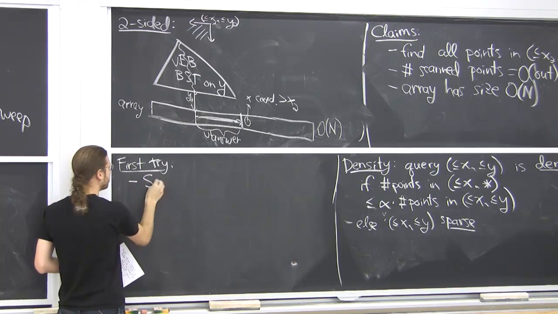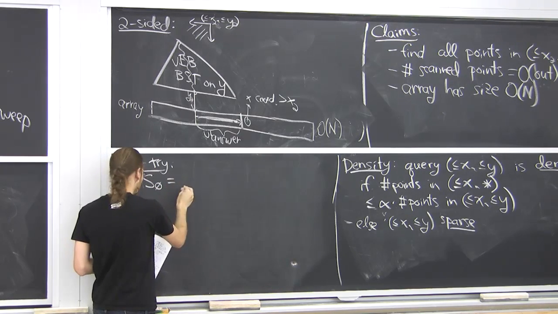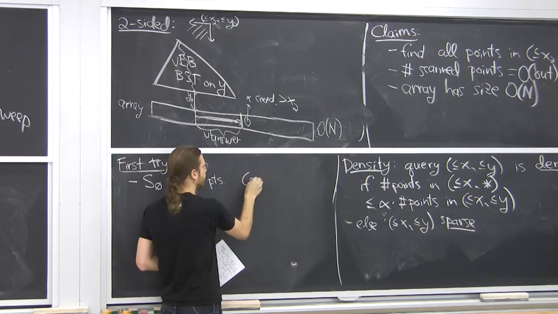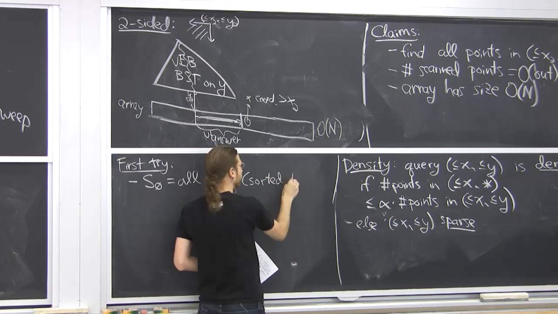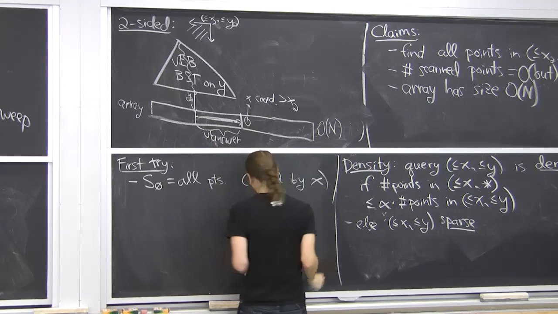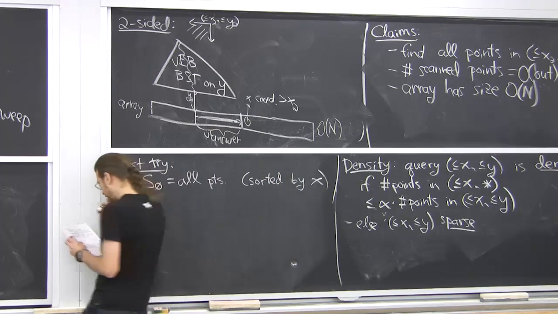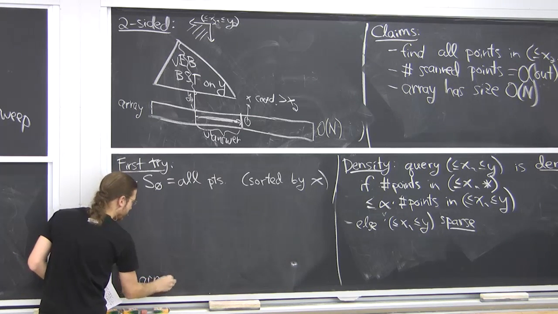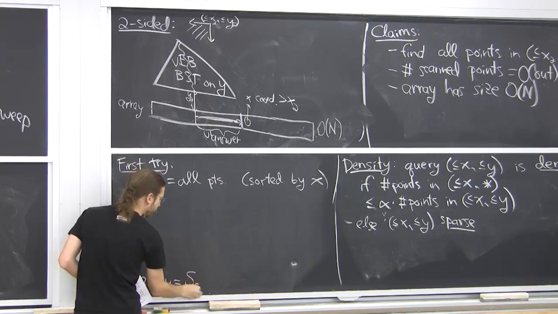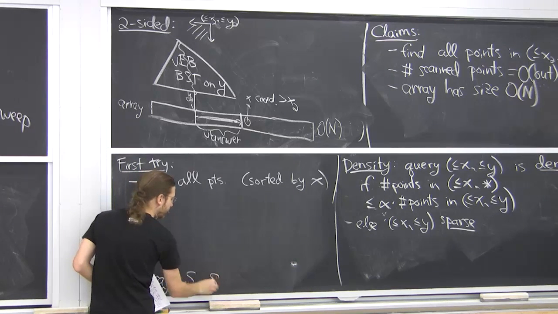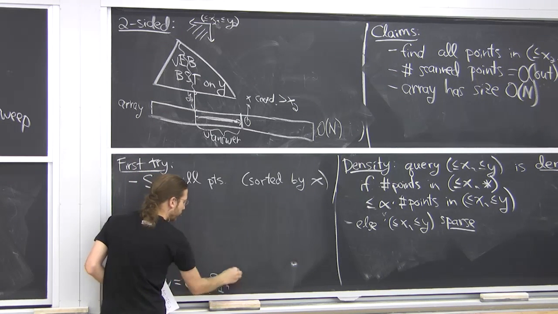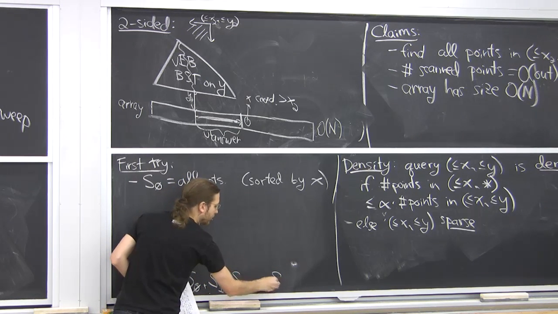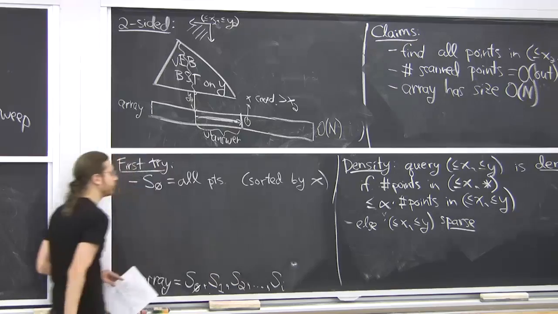So I'm going to let S0 be all the points sorted by X. And just to give you an idea where we're going, the array we're imagining here is first we'll write down all the points, then we'll write down some subset of the points, S1, then some subset of that subset, and so on until we get down to a constant size structure.